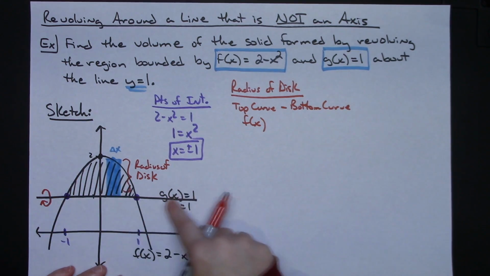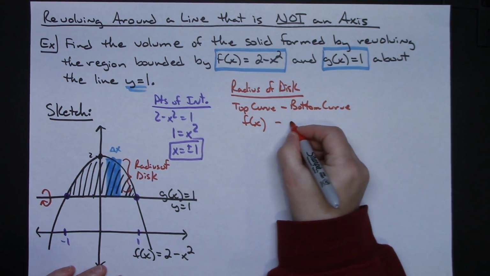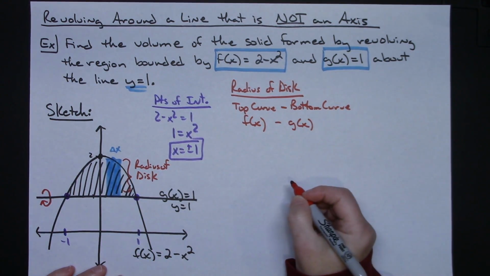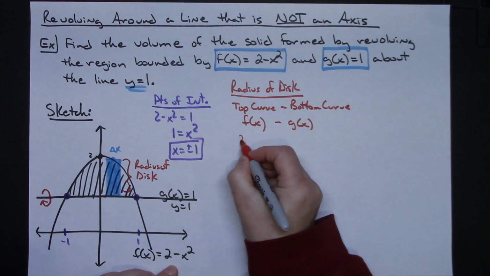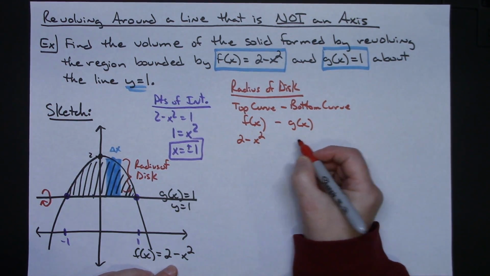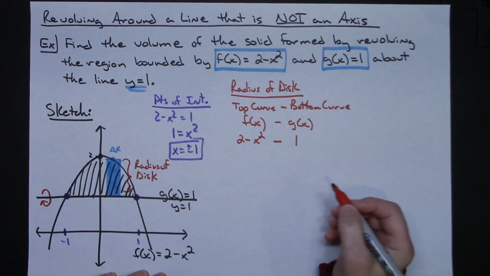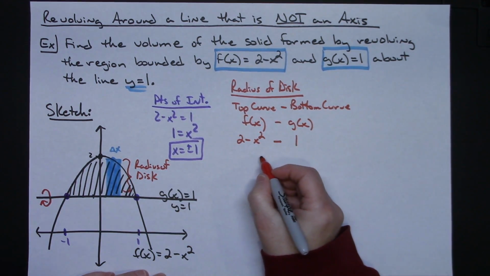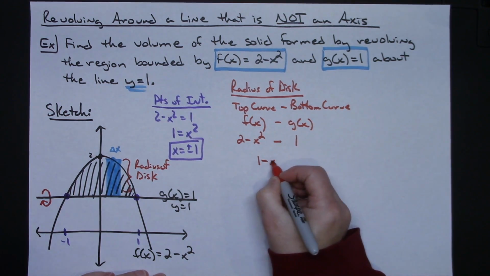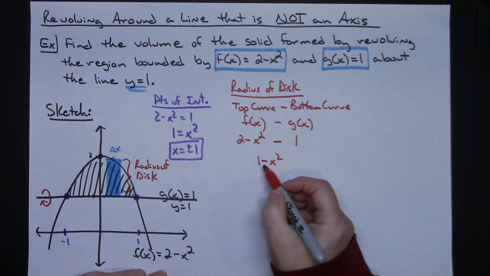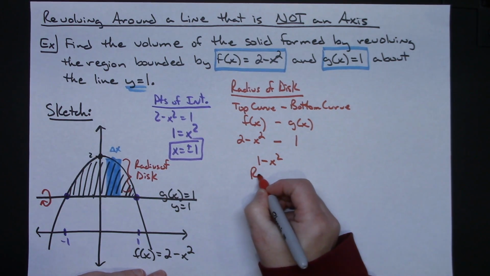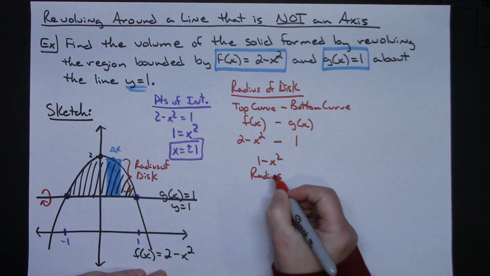The bottom curve is the g of x curve. My f of x curve was 2 minus x squared, minus my g of x curve, which is 1. Subtracting right there, I'm going to have 1 minus x squared. So that right there is the radius of my disk.